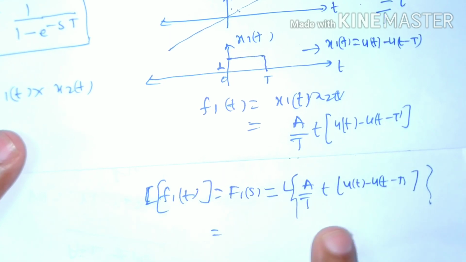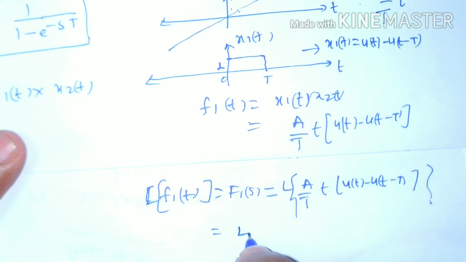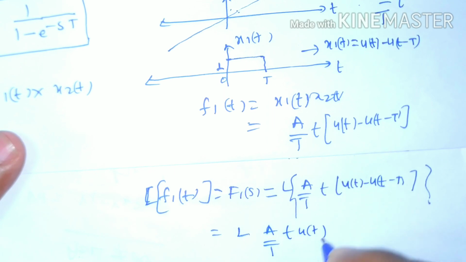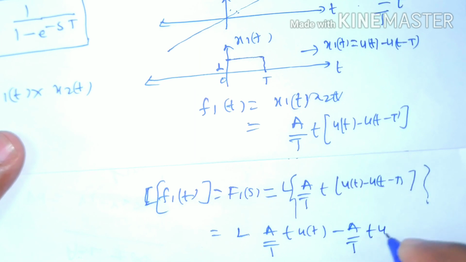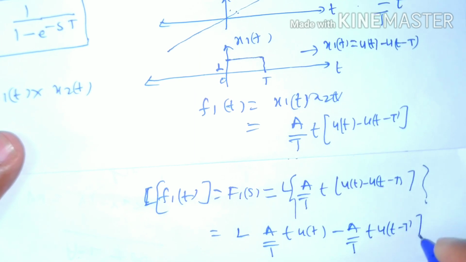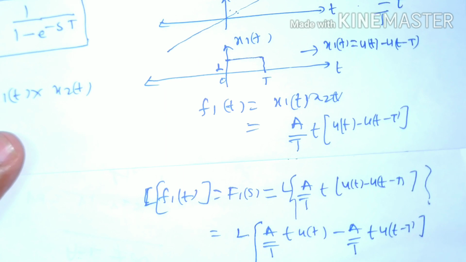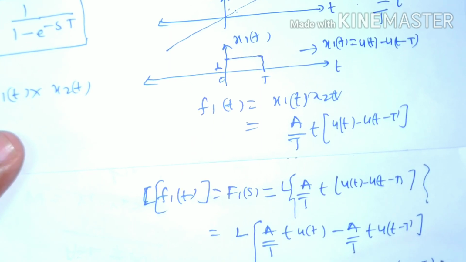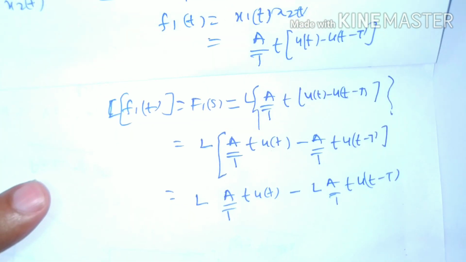We can find it by the linearity property, where we can separate this signal and find the Laplace transform of these individual signals separately.